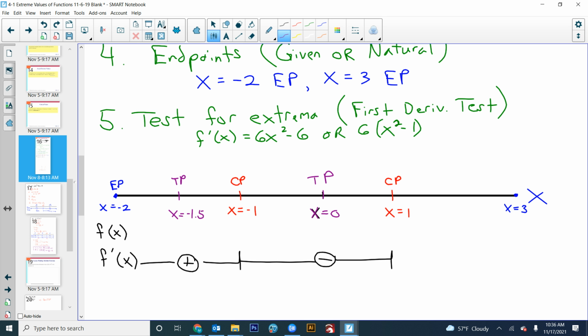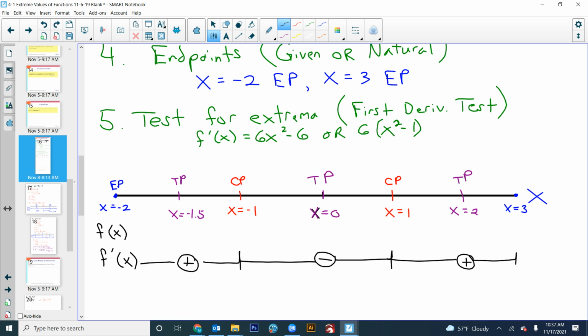Next interval, maybe 2, x equals 2. Test point. 2 squared, 4, minus 1, 3 times 6, positive. Positive first derivative from 1 to 3. And the only reason I stopped at 3 is because they gave you that as an endpoint. Technically, isn't the derivative positive forever after 1? We just stopped it at 3 because of the problem. Forever.